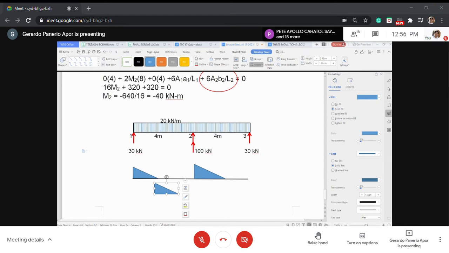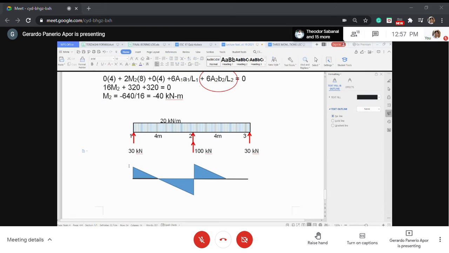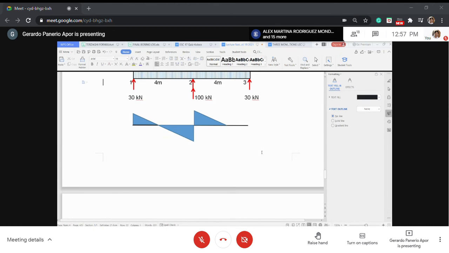Left vertical, left horizontal. So this one is like be there. Okay. So we can put here. We can put here. Put here 30 kN. No.